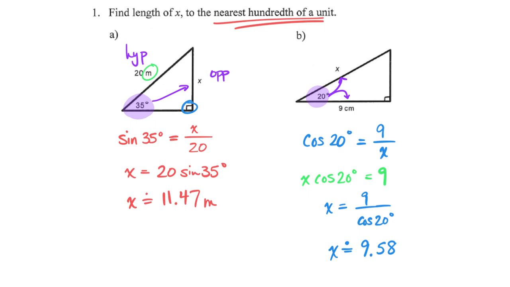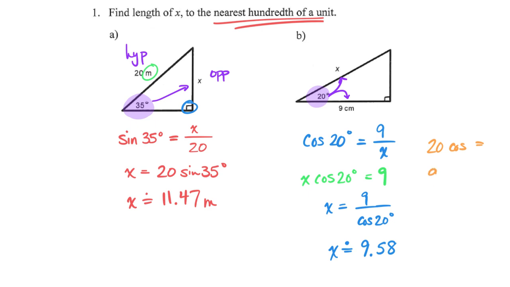So if you have an answer button on your calculator, one that stores the previous answer, what my recommendation to you would be punch in 20 cos. Okay, I never write that, but that's my keying sequence. That's going to calculate cos 20 for me. Hit equals. That puts that value into your calculator.